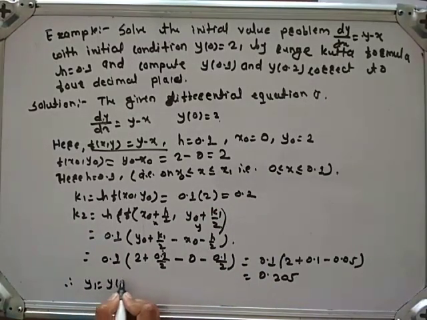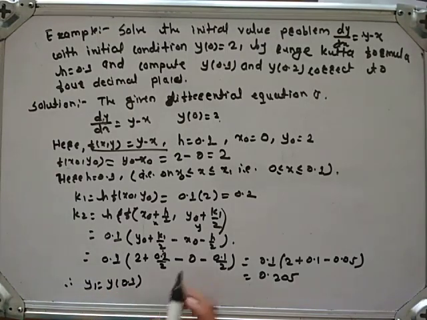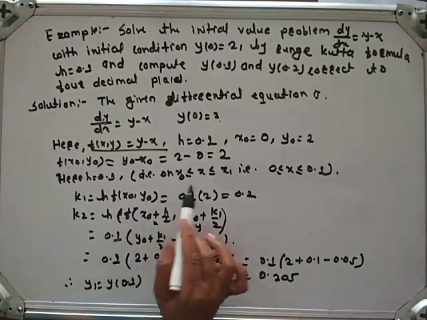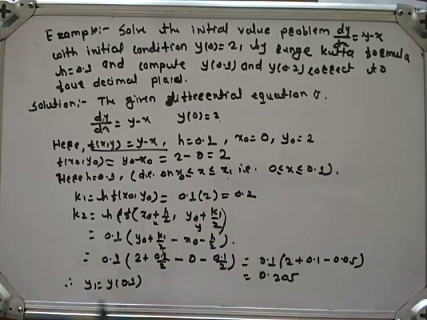Therefore y1 means y of 0.1. Remember that y1 means the value of y at x equal to 0.1, because our x lies between 0 to 0.1. The formula is y0 plus 1 by 2 into k1 plus k2.